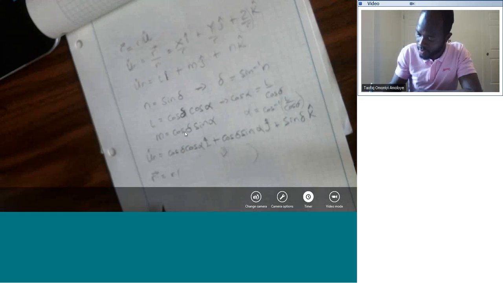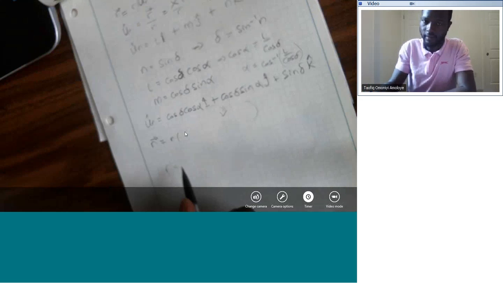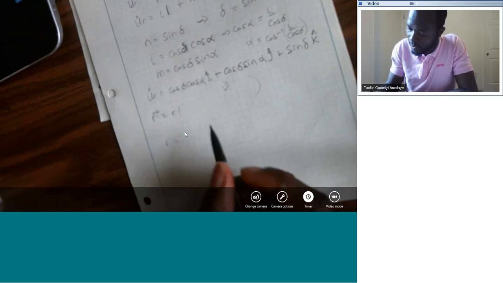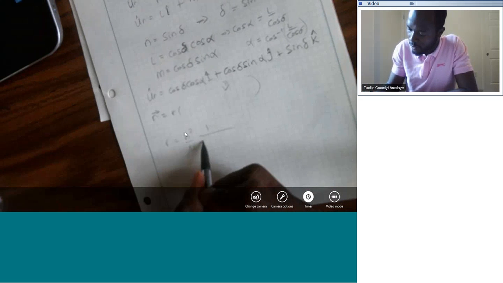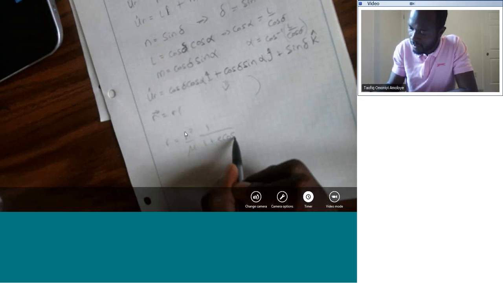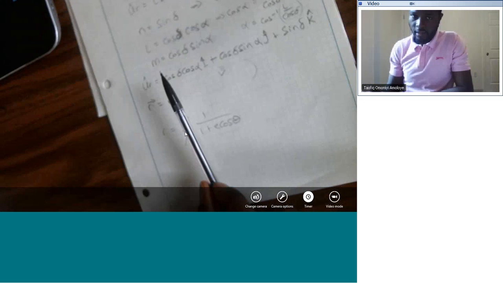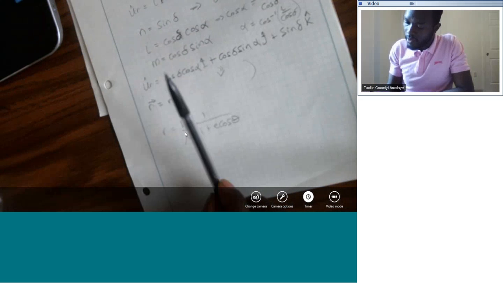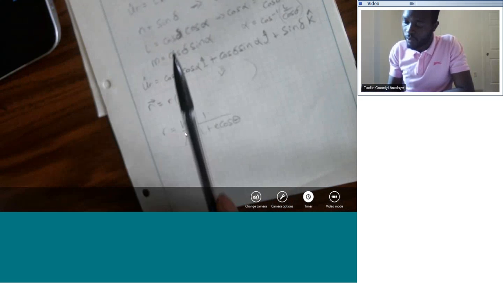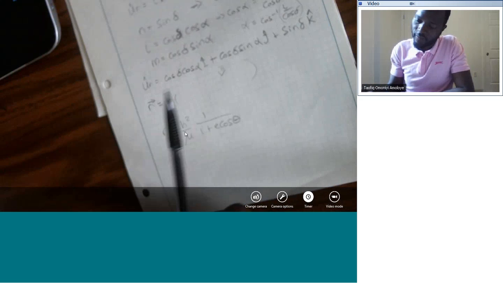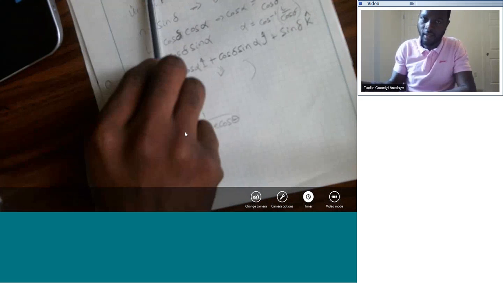R we know is given by Kepler's first law as h squared over mu, times 1 over 1 plus e cos theta, where theta is the true anomaly. That means for us to be able to define the orbit or the state vector of a satellite, knowing its declination and its right ascension alone will not give us enough information to get its position vector.